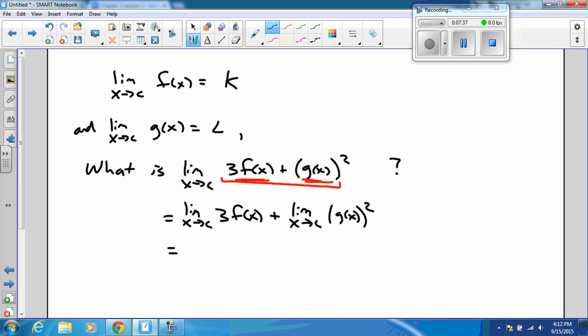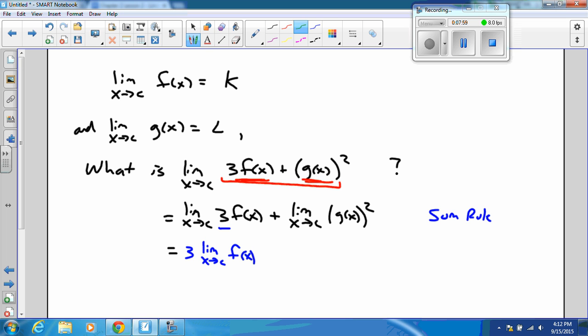And then, for the first limit here, I can use the constant multiple rule. Oh, I needed some rule. That's the step that got me from here to there. So I can use the constant multiple rule to rewrite this limit as the limit as x goes to c of f of x.